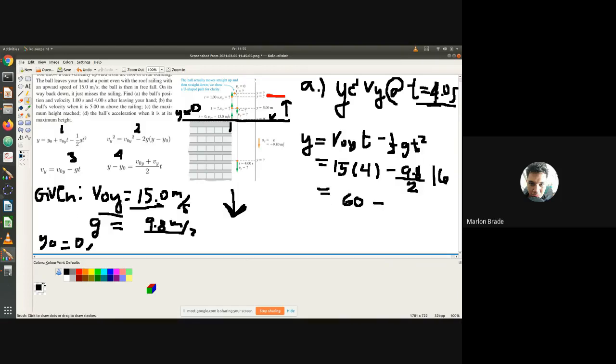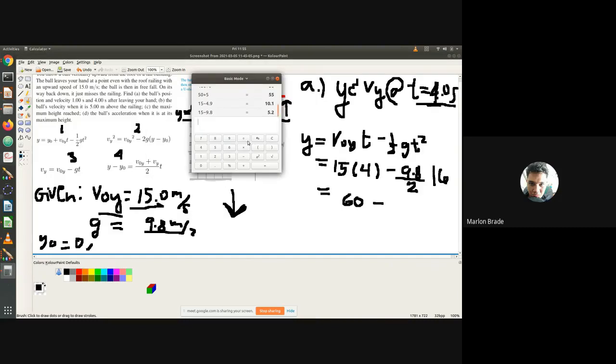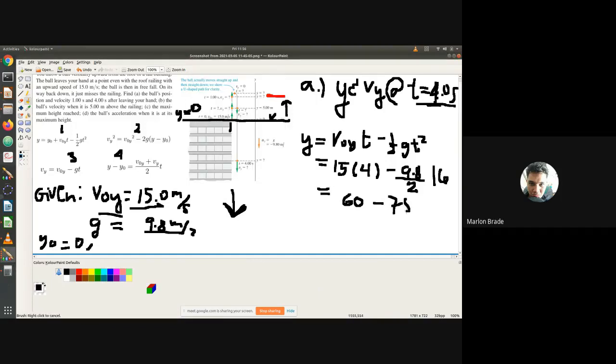This is 60 minus, so pila siya? This is 4.9 times 16. So this is 78.4.